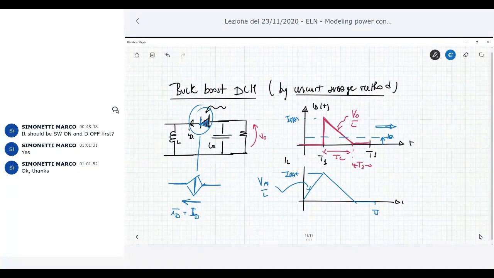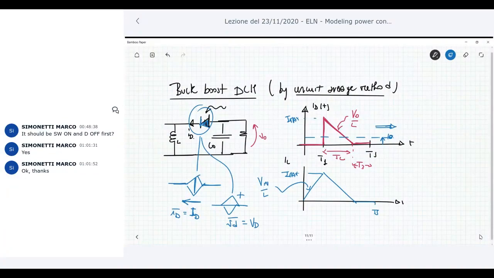Of course, the same reasoning you can do with the voltage. When the diode is on, the voltage across it is 0. When the diode is off, the voltage across it is something that you can relate to the circuit voltages. In the same way, you can put here a voltage source that has a voltage equal to the average value of the voltage across it.